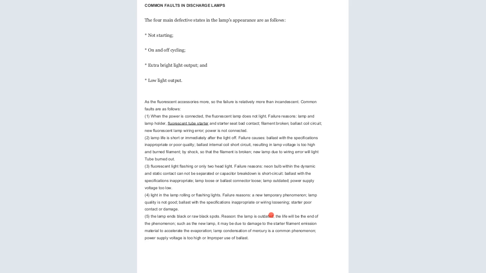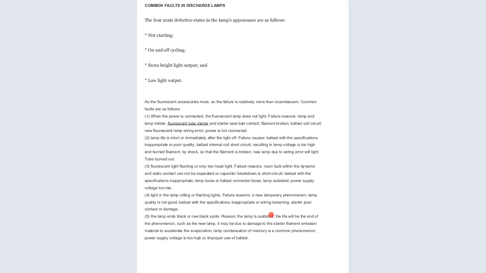Then the lamp life is short, or the light goes off immediately. The failure cause is the ballast, with a specification that is inappropriate or of poor quality. The ballast internal coil circuit is short circuiting, resulting in a lamp voltage which is too high, and the filament is burnt by shock so that the filament is broken.